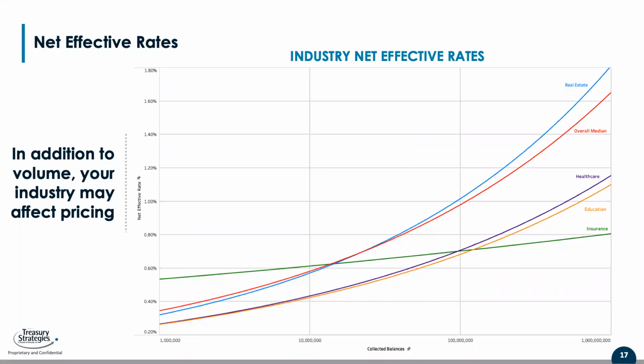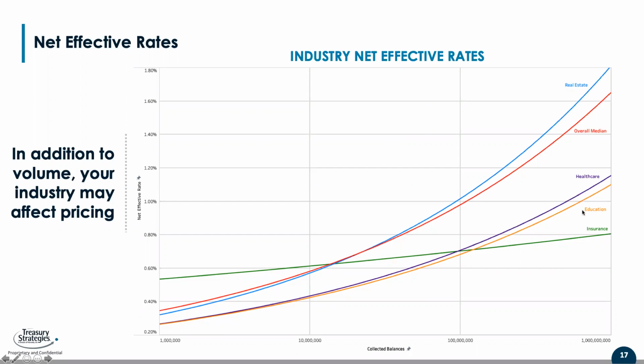But understanding that dynamic is important to frame the context and the conversation with your bankers. Now we contrast that against the real estate line here, this blue line, which at the lower end and lower balance levels lags the market median, but on the higher end exceeds the market median. So there's an interesting contrast there.